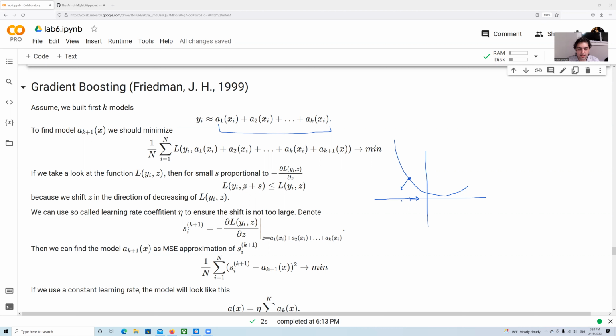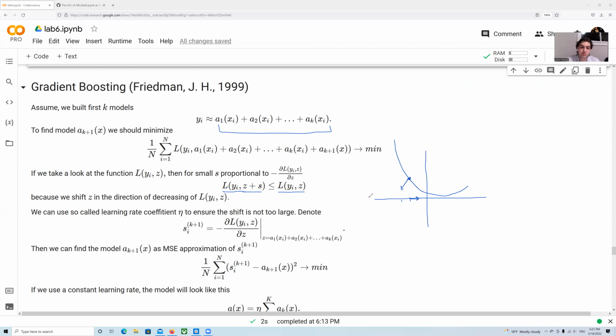And it means that if we shift our point in the direction of the anti-gradient, the result, the loss function, should be smaller than the result in the previous point.